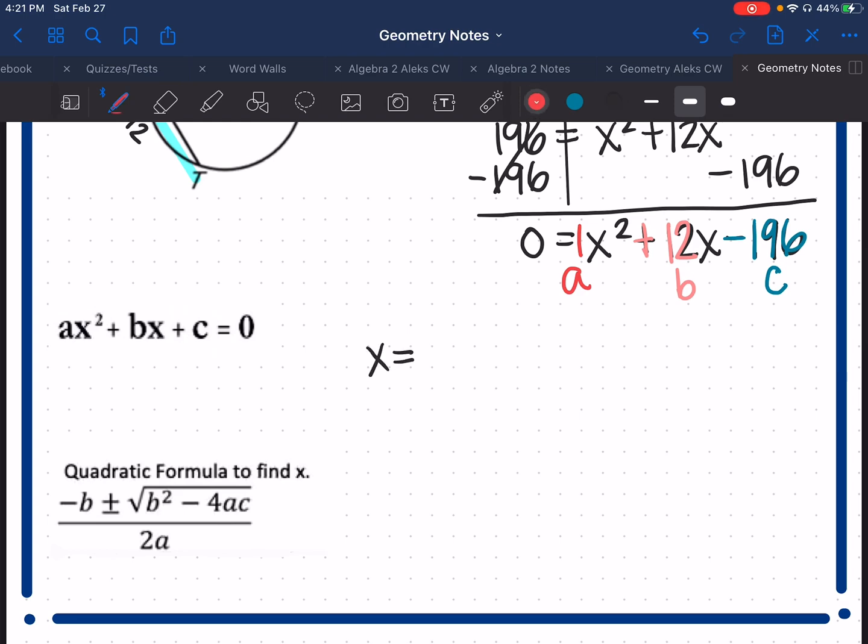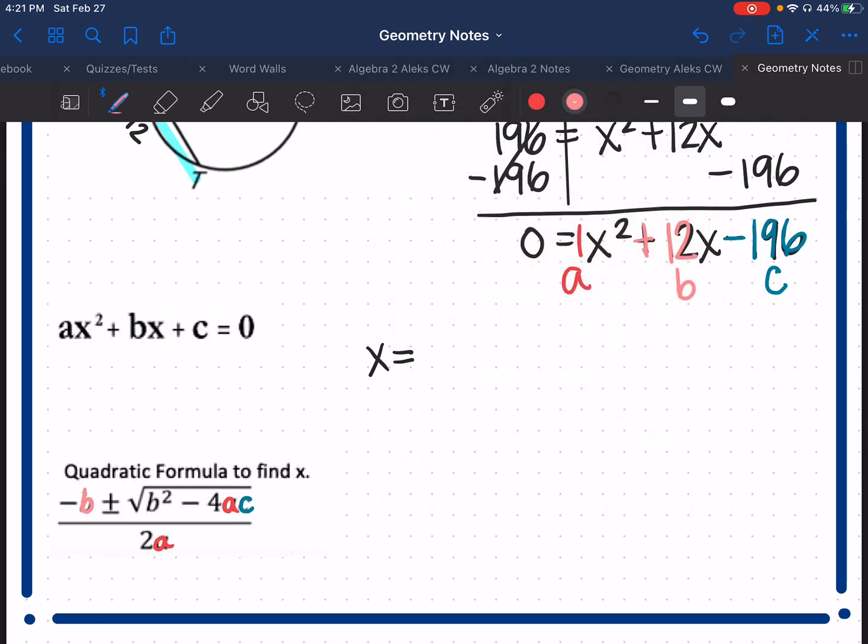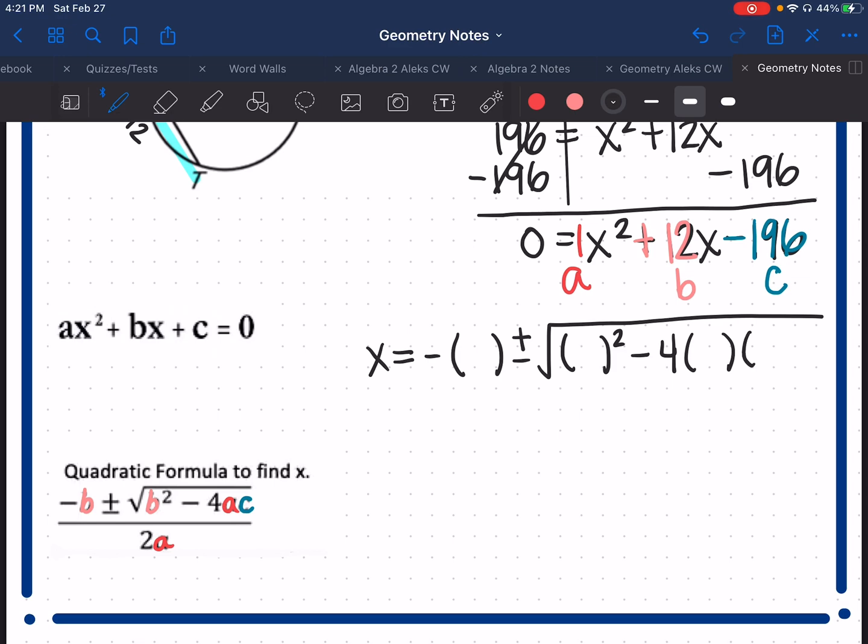I'm going to help myself out here by coloring in my letters, because that's going to help me substitute faster. Whenever I have a formula like the quadratic formula or any of the theorems, I like to use a skeleton. This formula in particular lends itself to a skeleton very nicely.